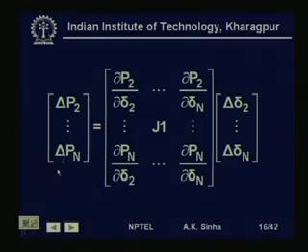So, now we have the relationship for the decoupled equations: delta P from bus 2 to bus n is equal to the submatrix J1 into delta delta 2 to delta delta n.